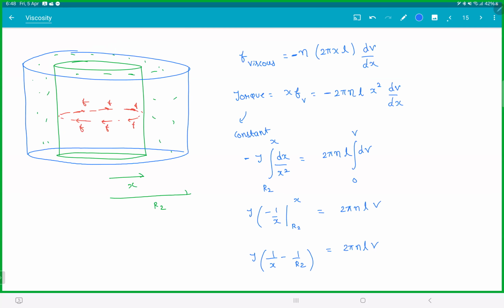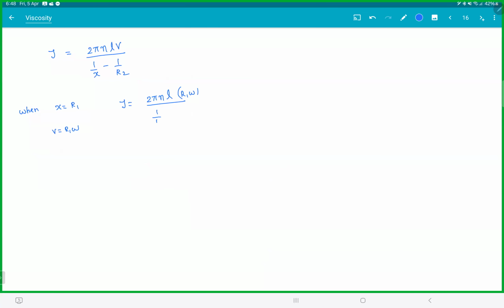No, there is one more minus sign here. The negative sign indicates opposition. We didn't take care of that negative because X is always smaller than R2. If I get 1 by R2 minus 1 by X, I'm getting a negative value. We forgot a minus sign. This is 1 by R1 minus 1 by R2. Is this clear?